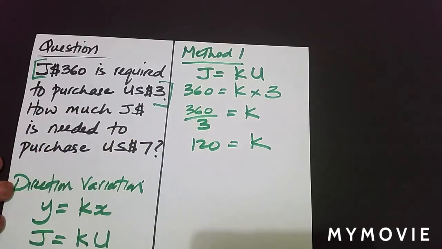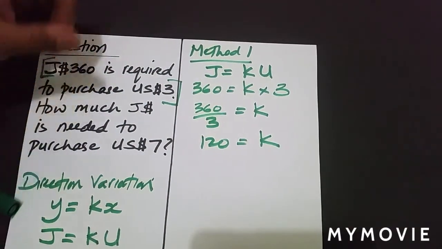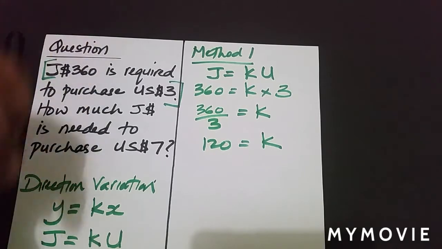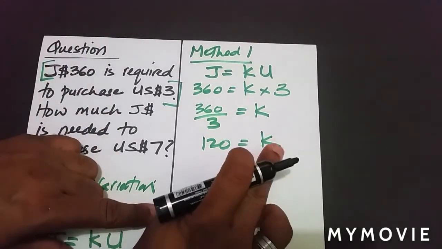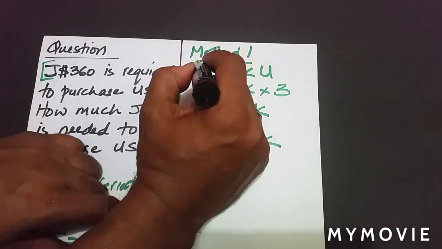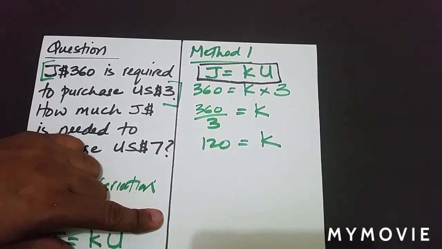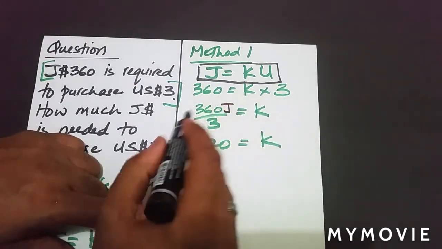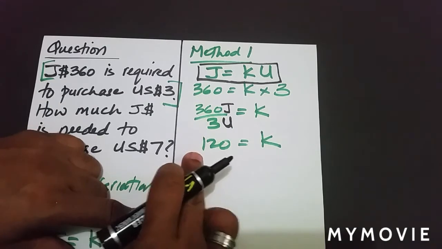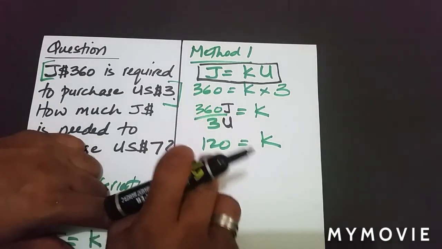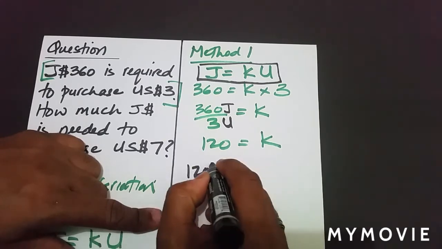So, really and truly, just for emphasis, we're breaking this down so you can clearly understand what this k is saying based on this formula that we use. J equals k times u. Now, Jamaican was here because the 360 is Jamaican, and let's just use U for US here. So 120, since 3 into 360 is 120, what it's saying is this.